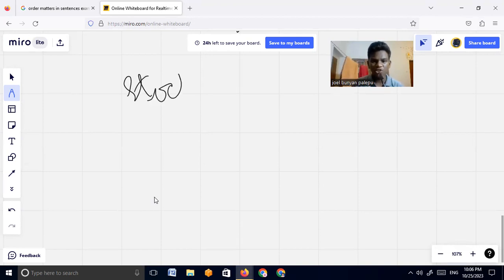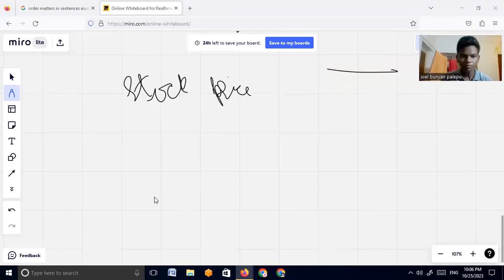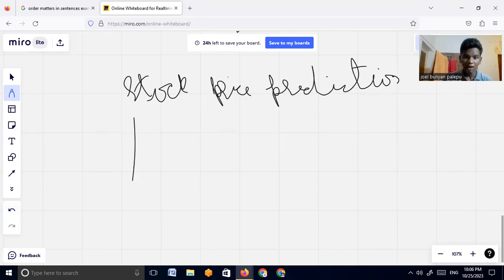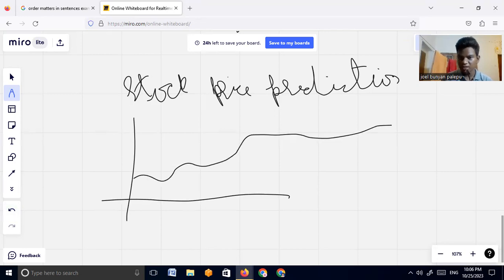Let's look at a problem called stock price prediction. In the case of stock price prediction, let's say I plot a graph, something like this. So let's say this is the stock of a pretty good company. The stock price is not something that is stable, but something that is changing.